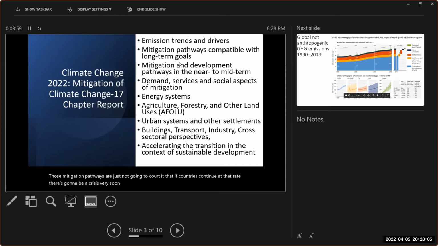Mitigation and development pathways in the near to mid-term, demand services and social aspects of mitigation. They come up with some recommendations, and there are so many graphs that you're going to see. I just cut the graphs because a graph says a lot more than the actual words. The energy system, agriculture, forestry, and other land uses. She was just talking about the Amazon and all that.